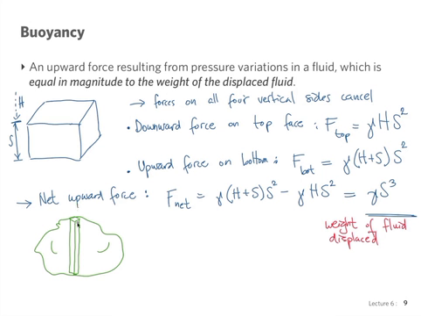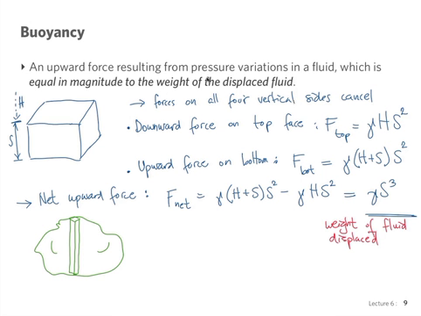We can again see for this little volumetric element that the forces on all four vertical sides are going to cancel out, and the total force is only going to be the top and the bottom ones.